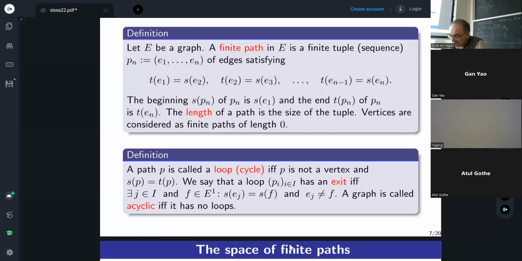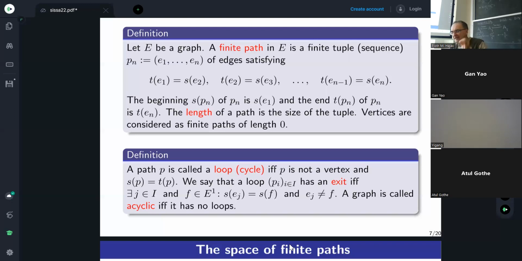According to this definition, I could go around with edges in my loop, and then I can have alternative edges, and it should still be an exit, but I'm not sure. Loop is clearly defined right here.